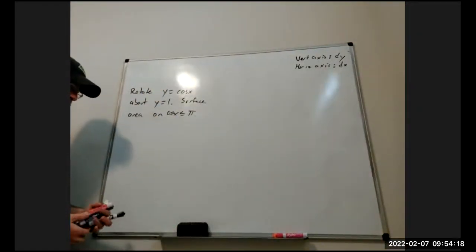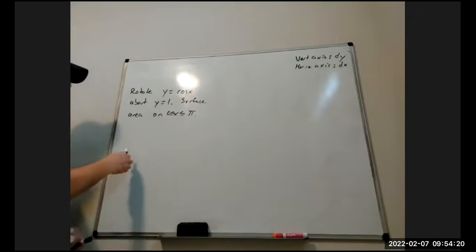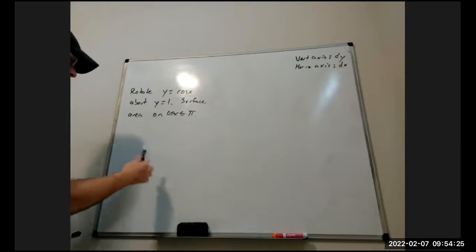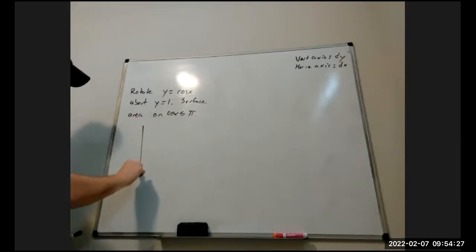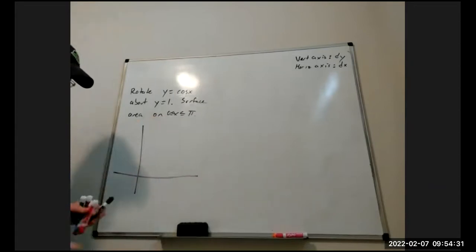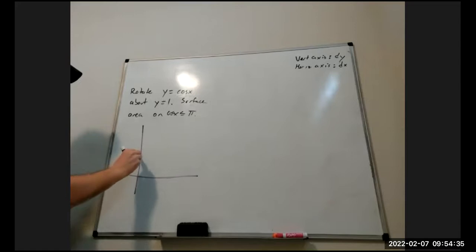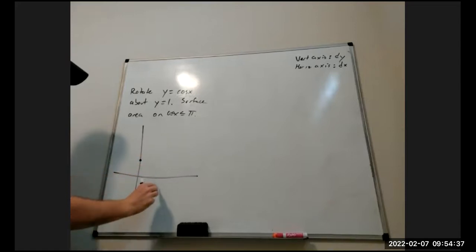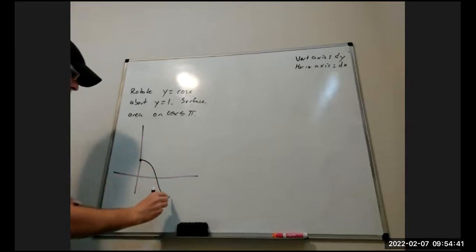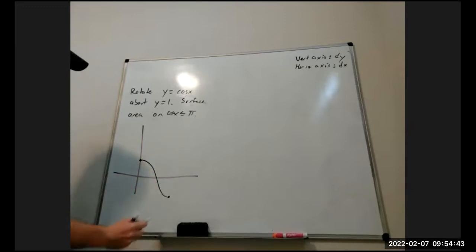So I'm going to start by drawing the picture. We all know what cosine looks like, but I'm only going to draw it between 0 and pi because that's the only piece that matters to us here. So at 0, we're up at +1. At pi, we're at -1. It does something like that.